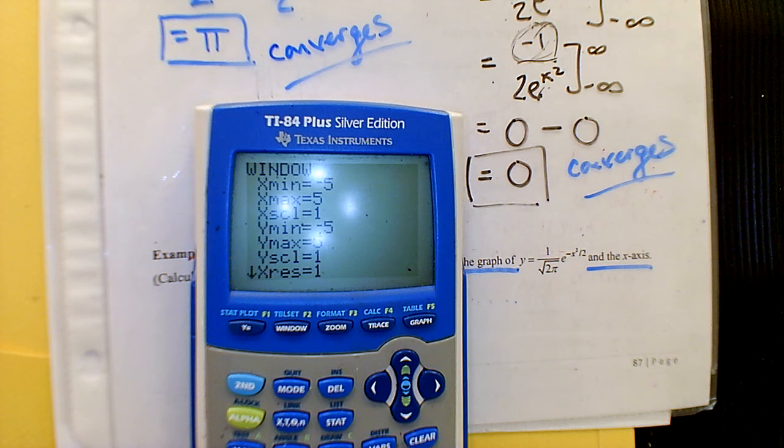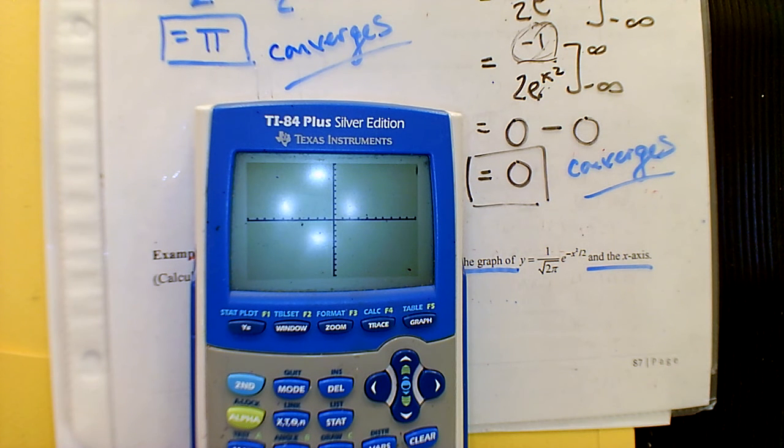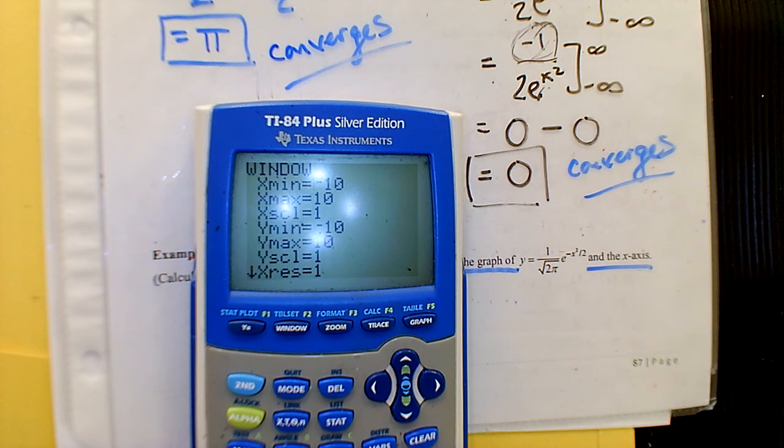Alright, so maybe they don't really give us any information in terms of a window. They just say bounded by the x-axis. So maybe we'll just start off generally with -10 to +10 in the window. Ooh, that's really tiny. We've got to go smaller.